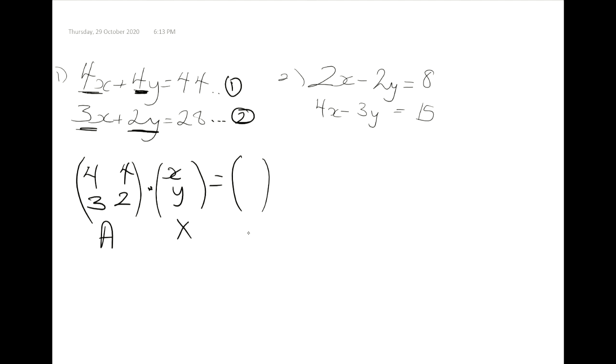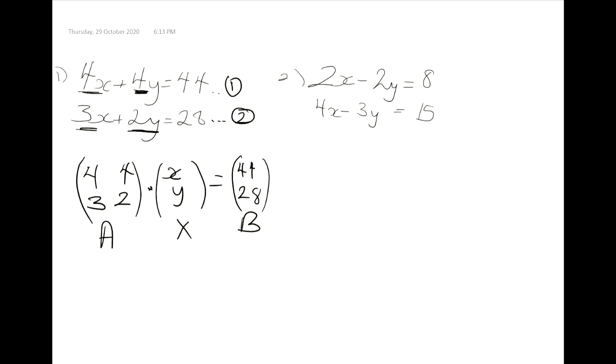And when you multiply those two matrices, we get matrix B, which is 44 and 28, what they're equal to.